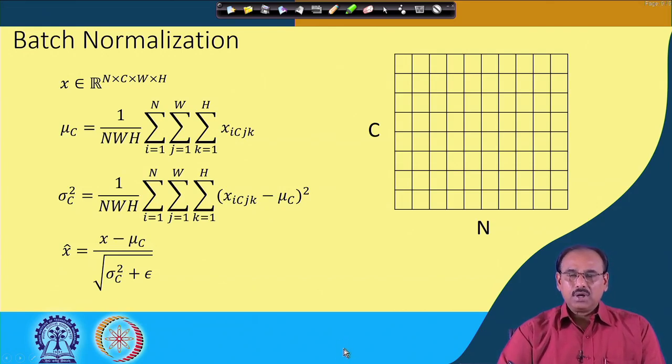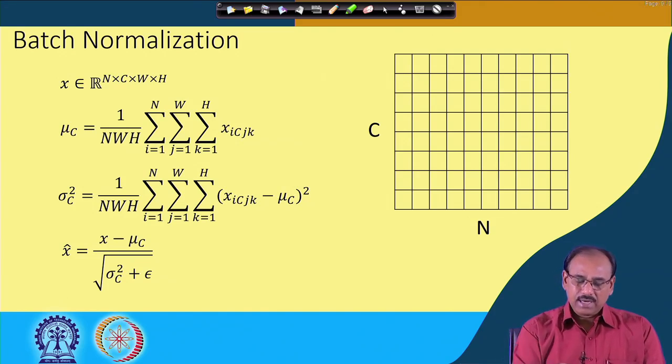If I put all these means for all the channels in the form of a vector, and the variance of all the channels in the form of a vector, I get the mean vector and the variance vector or the standard deviation vector. And the normalization in this case is x hat equals x minus mu c upon square root of epsilon plus sigma c squared. So this is the normalization operation.